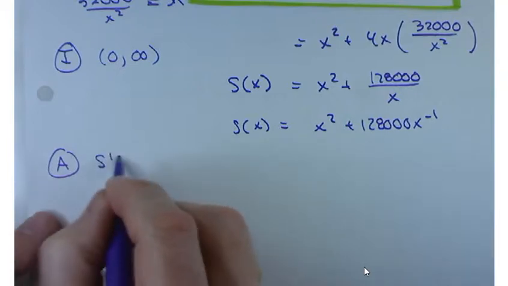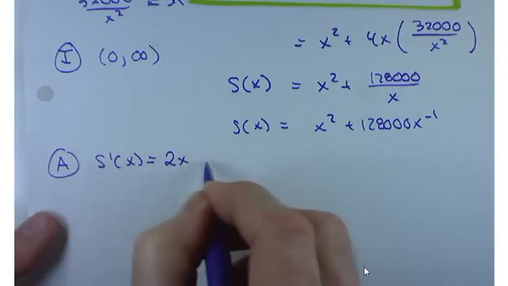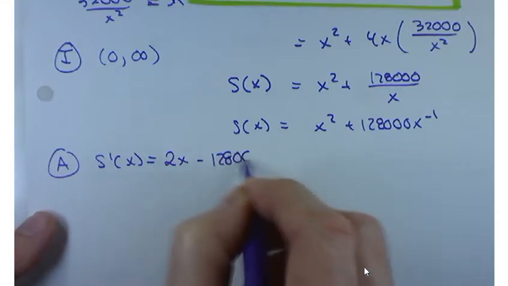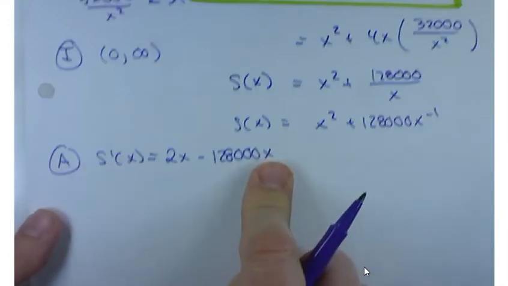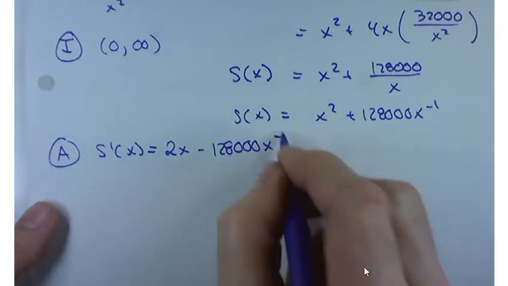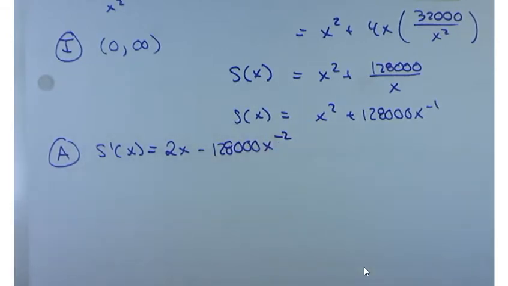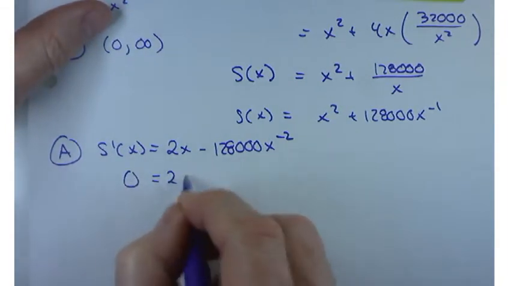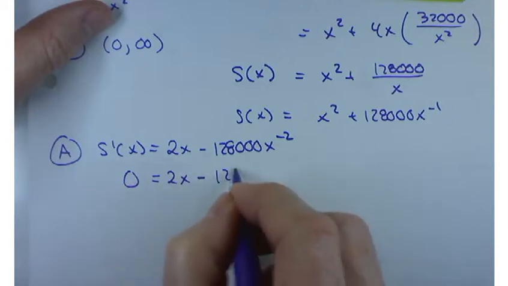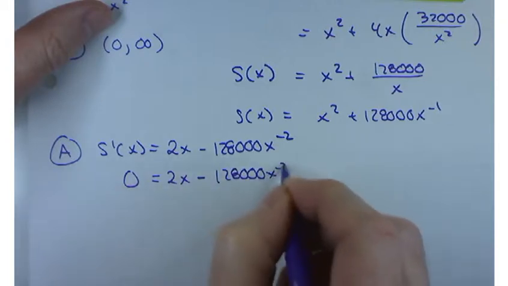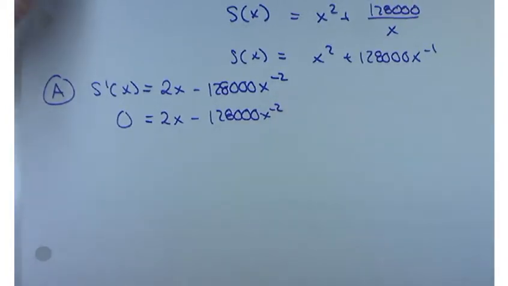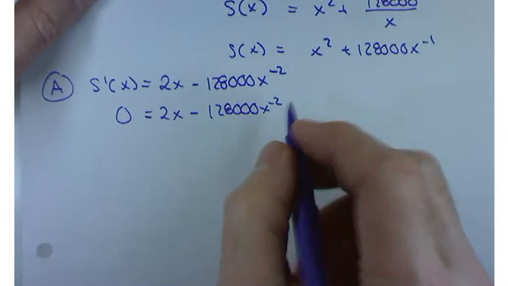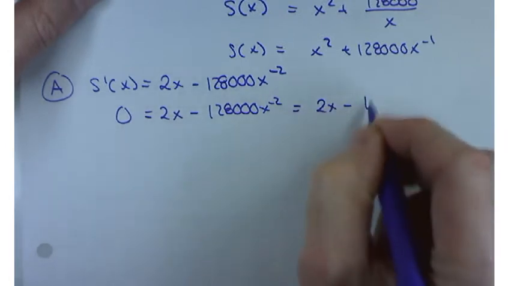So s prime of x would be 2x minus 128,000 x to what power? Negative 2. And I want to know where that equals 0. I want to know where the critical points are. So let's set that equal to 0. 0 equals 2x minus 128,000 x to the negative second, minus 128,000.